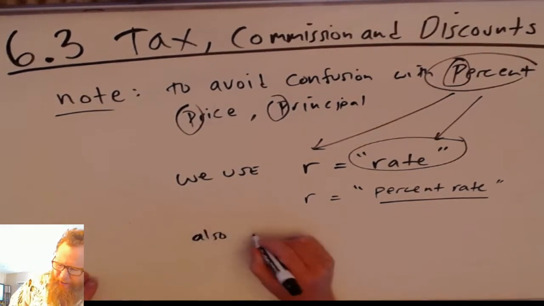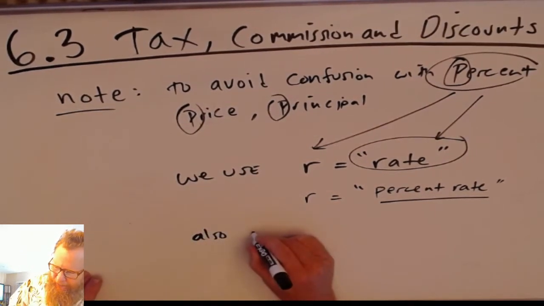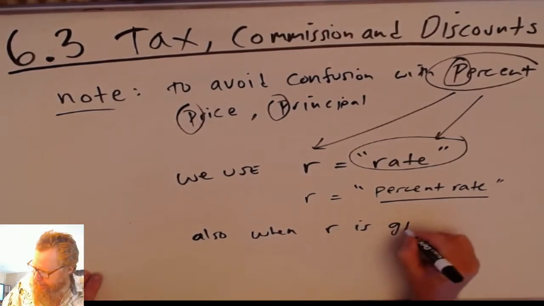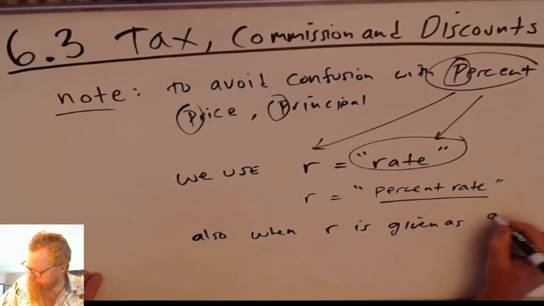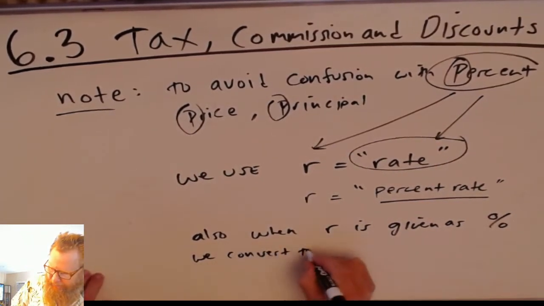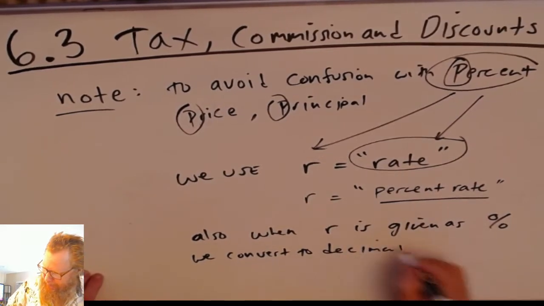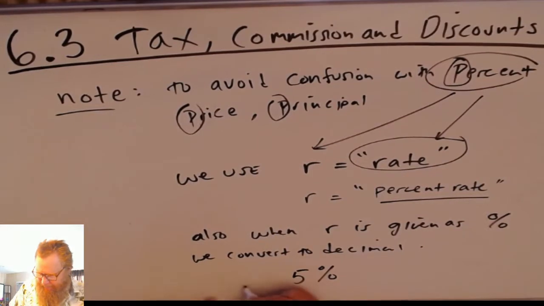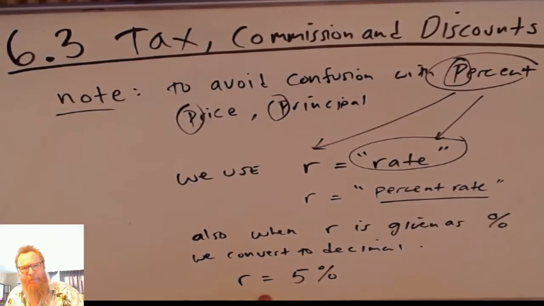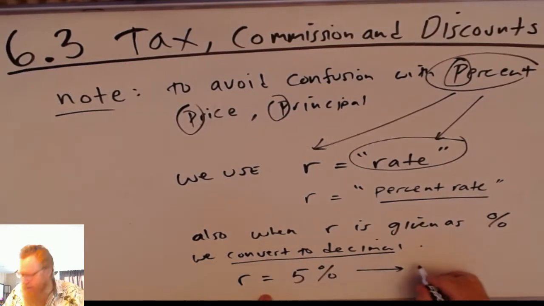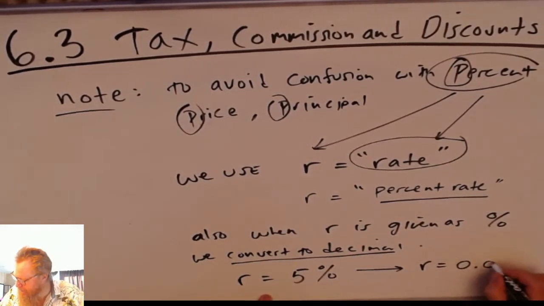Also, when R is given as a percent, we must first convert it to a decimal. So for example, 5%, if that was R, then I would convert it to a decimal and say R is 0.05.